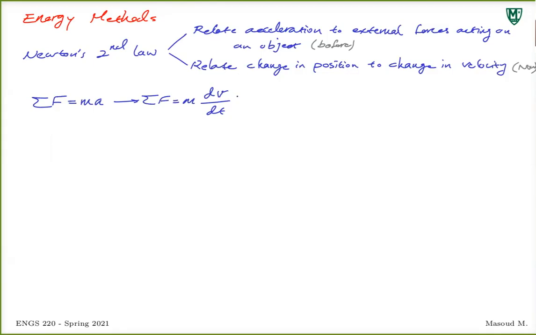So we're going to multiply both sides by v, velocity. It's an equality, so I can multiply both sides by a variable as long as that variable is not zero. It still can be zero, but then it makes it useless. So summation of forces dot velocity is equal to m dv/dt dot v.